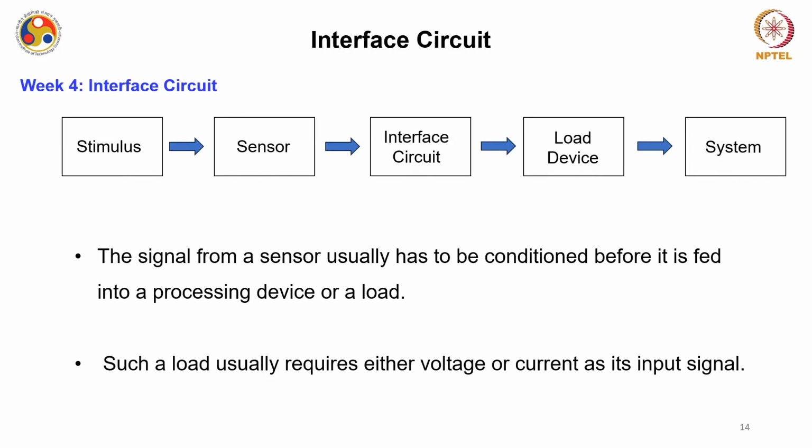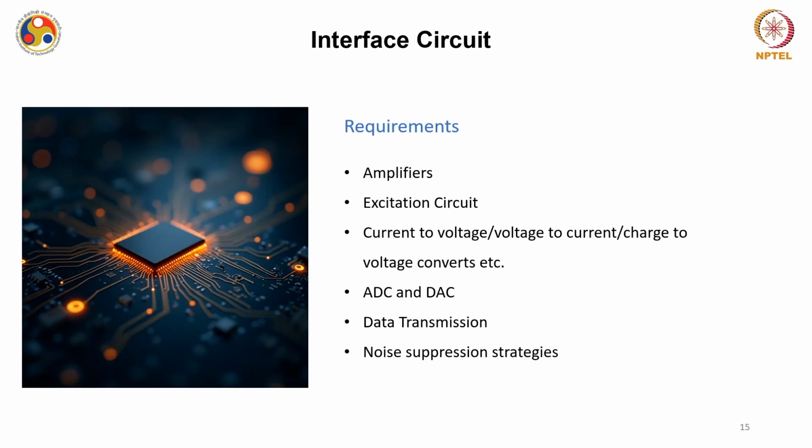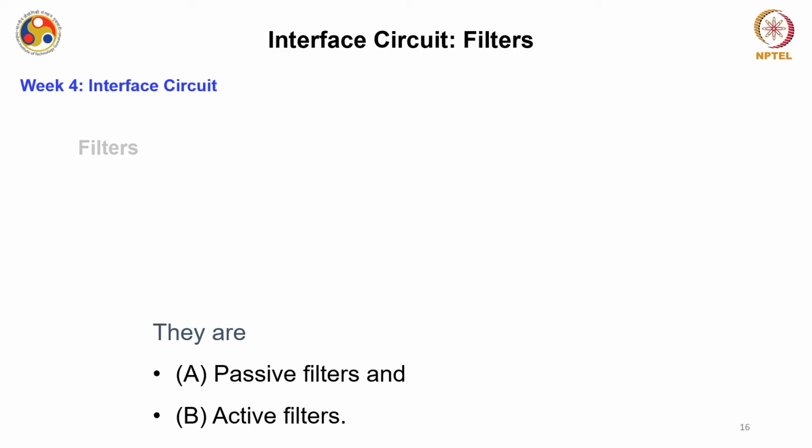So this kind of conditioning is mostly done using these interface circuits. The requirements of these sensor interface circuits were enormous. We have seen that a number of things are required, including amplifiers, excitation circuits, current to voltage or voltage to current regulators, then charge to voltage converters, ADCs and DACs, and data transmission and noise suppression strategies can also be made based on interface circuits.